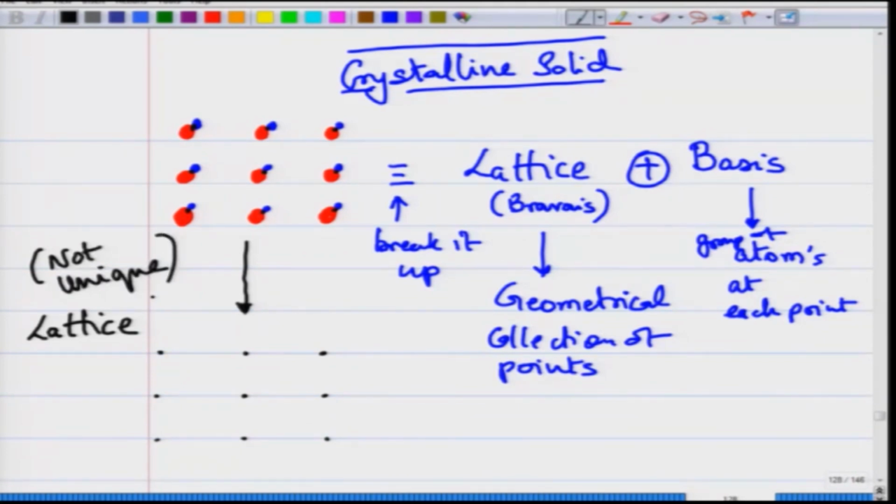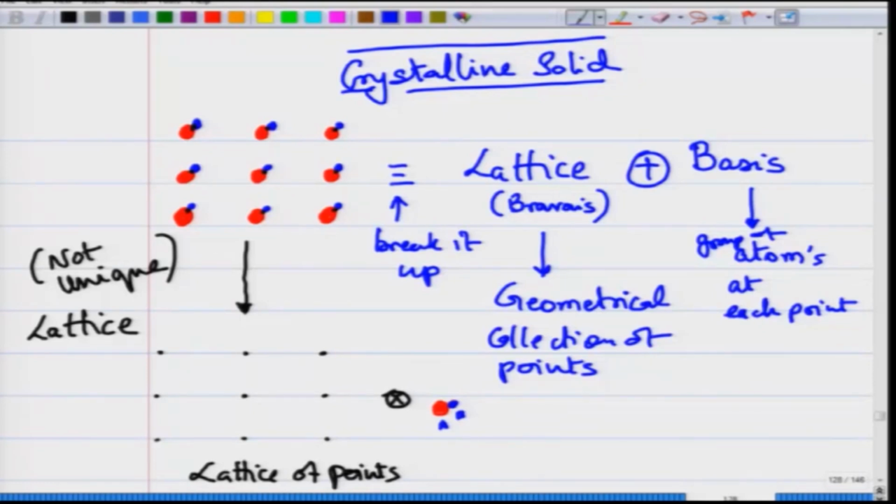But suppose I choose this procedure and I get to this collection of geometric points, then my actual crystal is nothing else but this lattice of points, where on each of these lattice points I will put a configuration of atoms as shown here, a red atom A and a blue atom B. So, I will take these lattice points and on each of them, if I start putting this collection of atoms A, B, then I will land up with my crystalline solid.